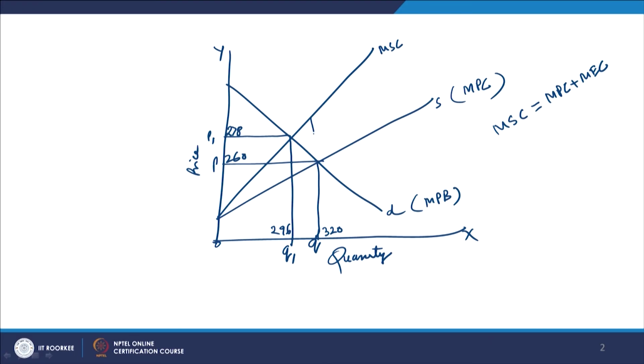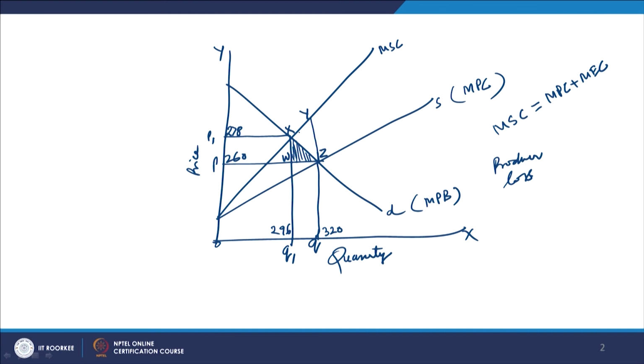And now, we have the points W, X, Y, Z. Here, this portion is the loss to the producer because of additional cost and reduction in output.